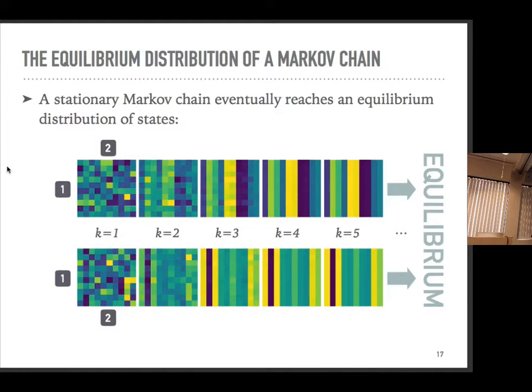And what you see is that very quickly you get these vertical stripes. And what that's telling you is that the probability of being at different states, so think of these as different types of weather, the probability of different types of weather after 5 days doesn't depend on what the probability was last week, or on what the weather was last week. Okay?